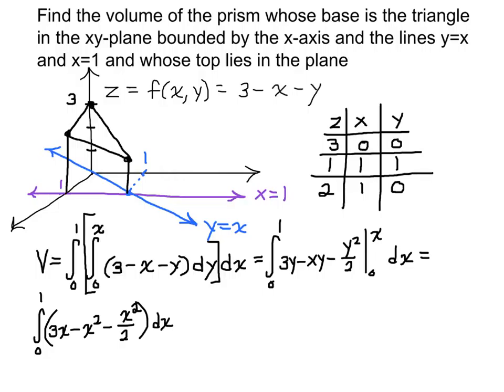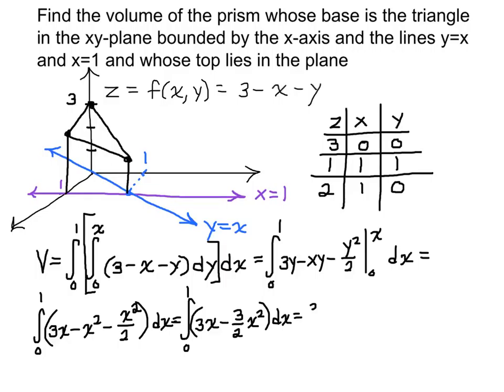Now what we want to do here is combine like terms, because our last two terms in the integrand are like terms. So we have 3x minus, and we've got an x squared and a 1/2 x squared, and they're both negative, so it's a negative 3/2 x squared. That's our integrand. And then we have our variable of integration. So let's find the antiderivative with respect to x.